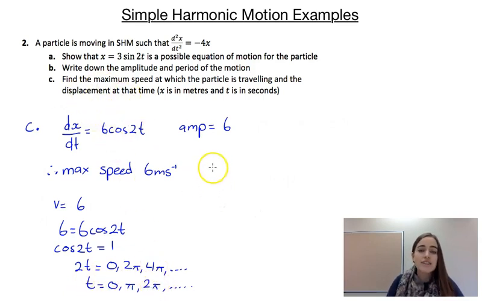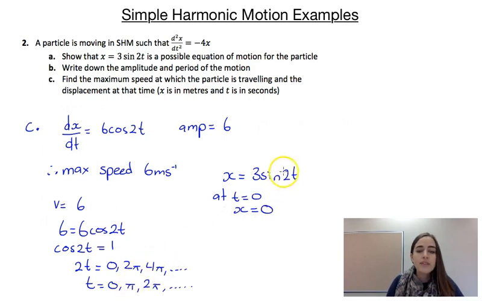And we need to find its displacement at that time. So x is equal to 3 sine 2t. Now if we substituted 0 in here, we'd have 3 times sine of 0, which is just 0. So at t equals 0, x would be equal to 0 as well. If we subbed in pi or 2 pi or any of these other values for t that we've got down here, it's always going to be 0.